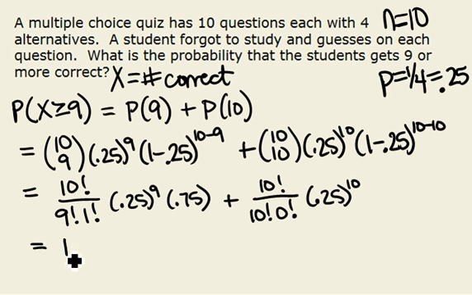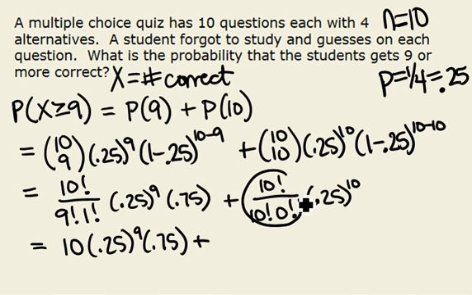So this turns out to be 10 times 0.25 to the 9 times 0.75, plus this quantity, which is equal to 1. 0 factorial is by definition 1, so we have 10 factorial over 10 factorial, which is just 1. So we'll drop that off and we're left with 0.25 to the power of 10.